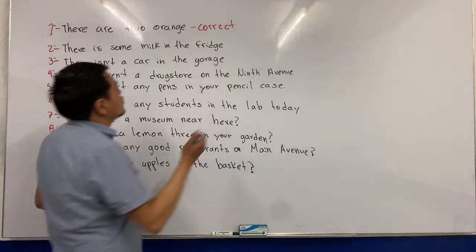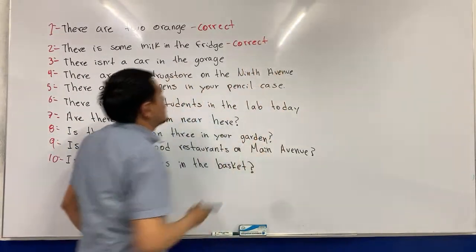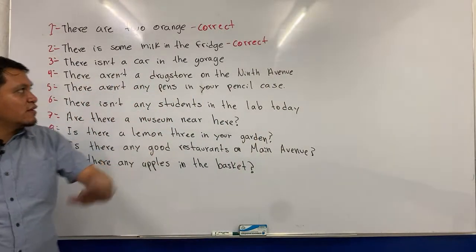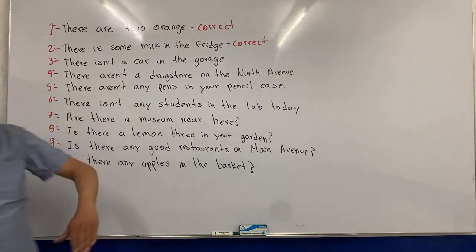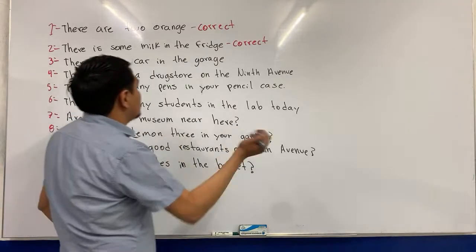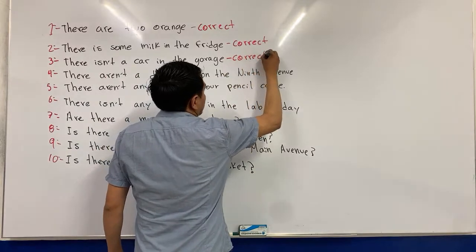In this case, it is correct. Next, there isn't a car in the garage. Correct.